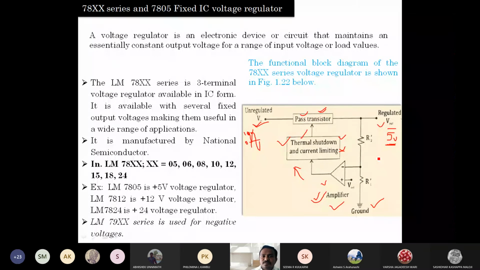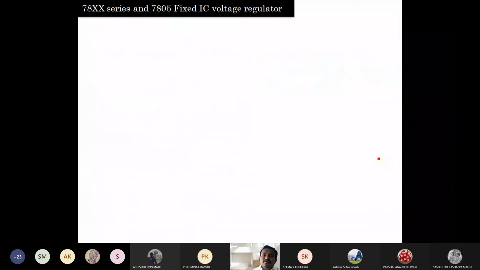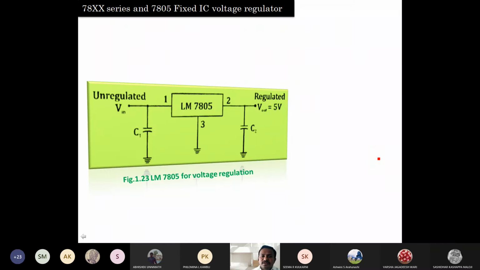Then if you go for the specific 7805, according to your syllabus, this is the IC we are going to design. This is the circuit we are going to use while designing the 7805 IC voltage regulator.